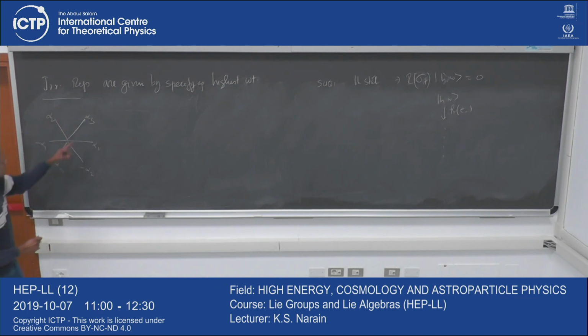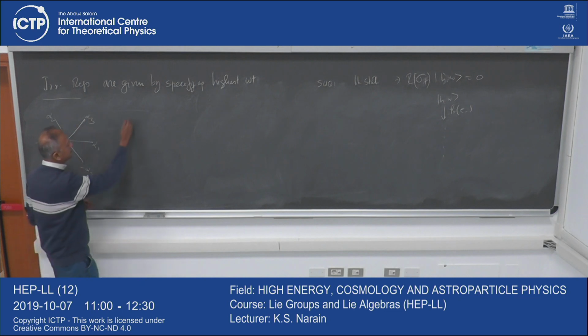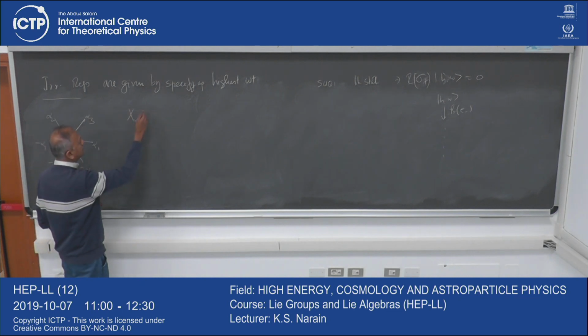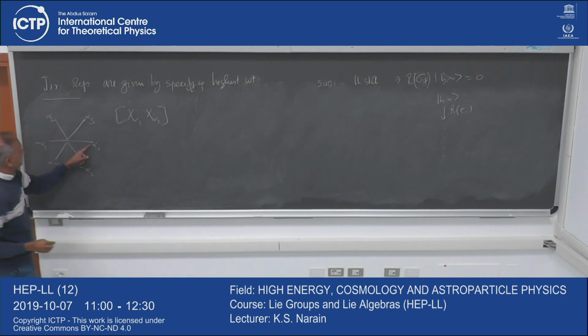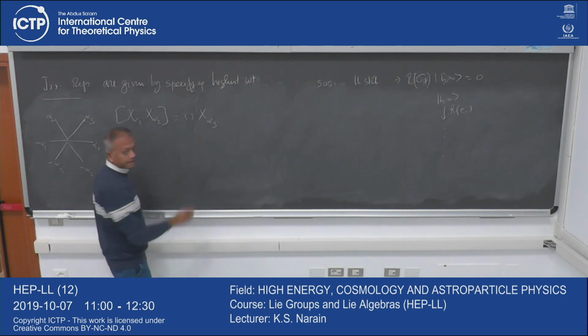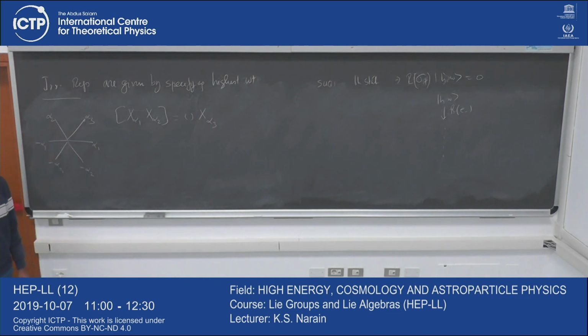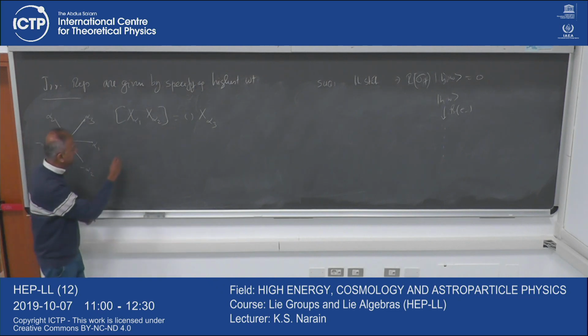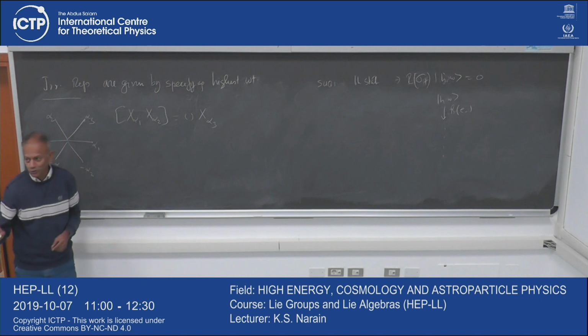Now one of the things that we noticed is that the commutator of X alpha 1 with X alpha 2 gave rise to some number times X alpha 3. Furthermore, we also noticed that for every non-zero root, there is an SU2.